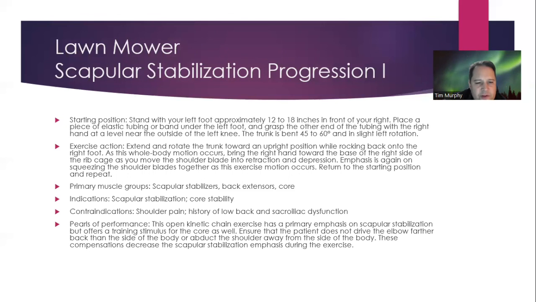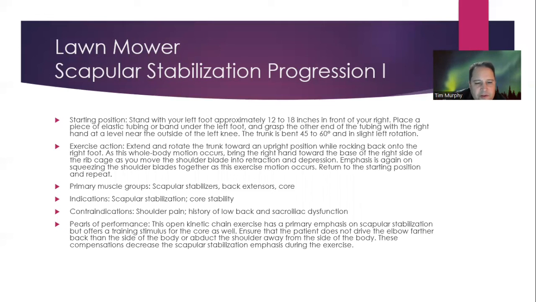The primary muscle groups are the scapular stabilizers, the back extenders, and the core. Indications: scapular stabilization and core stability. Contraindications: shoulder pain, a history of low back and scapular dysfunction.